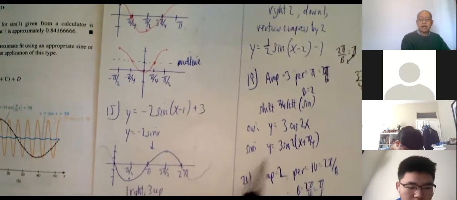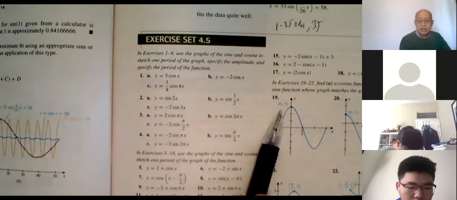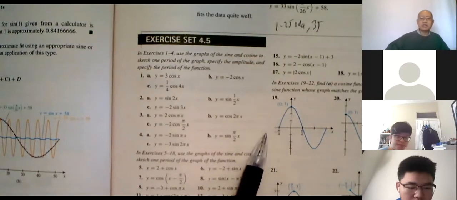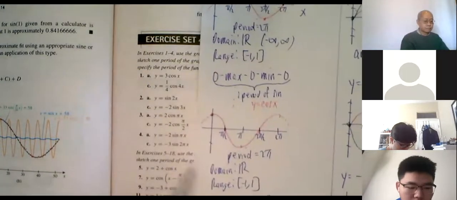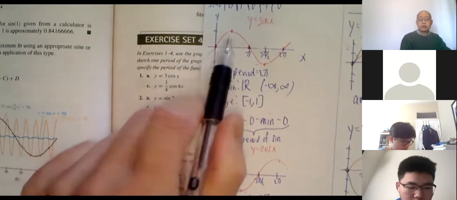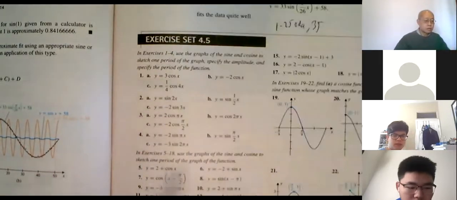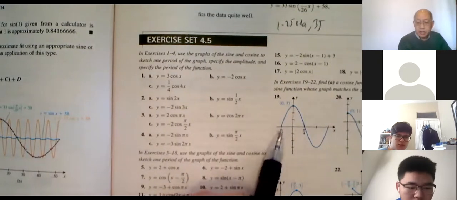Now, what about the sine? It's the same amplitude. There's going to be a 3. But the sine normally starts off at a 0, right? The sine function goes 0, maximum, 0, minimum, 0. So look at the graph. It's starting off over here.